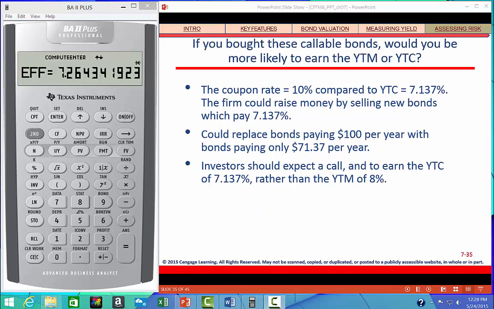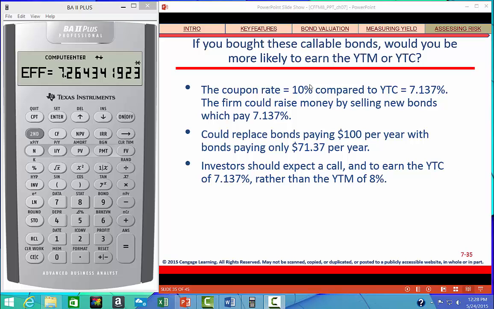So from this previous example where we were calculating the yield to call, the question would be, which we've kind of already answered, if you were an investor in this bond, would you be more likely to earn the yield to maturity or the yield to call?